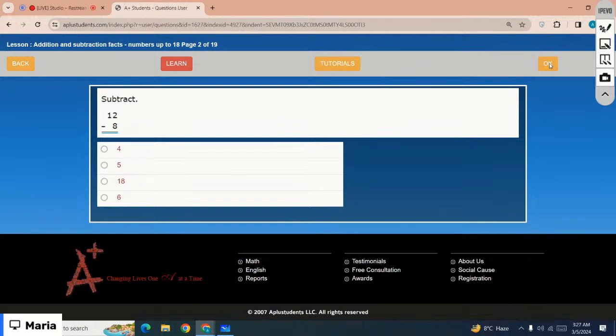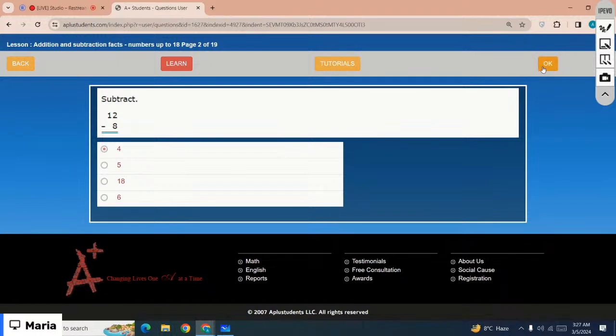12 take away 8 equals. The correct option is 12 take away 8 equals, yes, that is 4. You have to subtract.